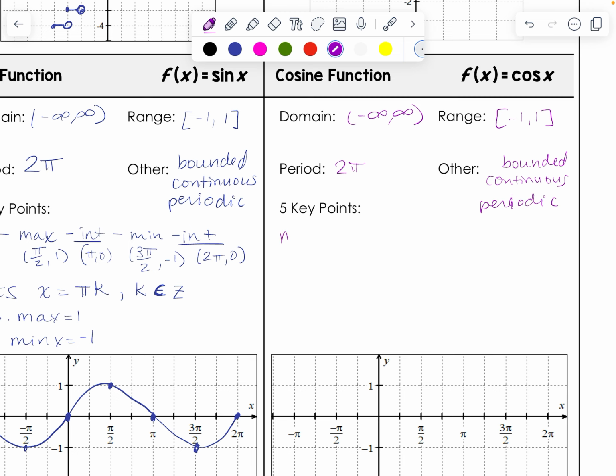Again, it has 5 key points, but this time it's going to go in the cycle of a maximum, an intercept, a minimum, an intercept, and then another maximum, where we have those at 0, 1, pi over 2, 0, pi, -1 is your minimum, another intercept at 3 pi over 2, 0, and a maximum at 2 pi, 1.